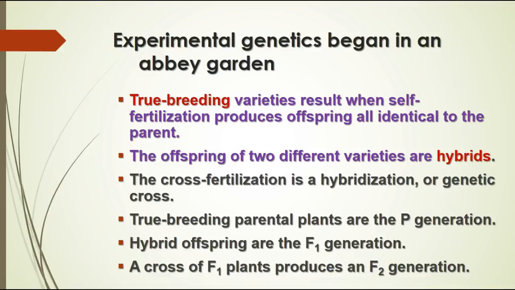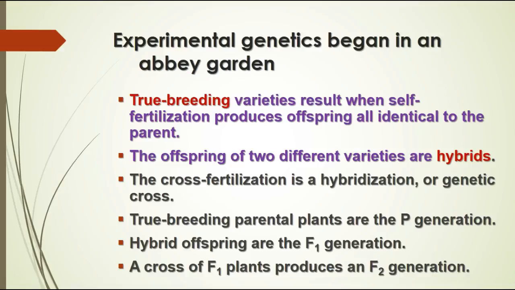True breeding is what results when the pea flowers self-fertilize and they produce offspring that are all identical to the parent. If you have two different varieties and manage to cross-fertilize or cross-pollinate them, then you would produce something called a hybrid. This is the description of what we call a genetic cross.